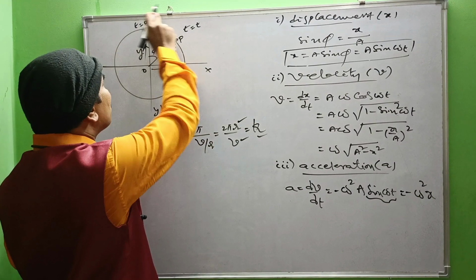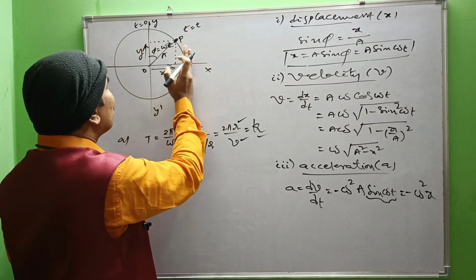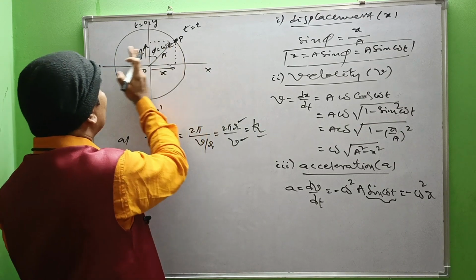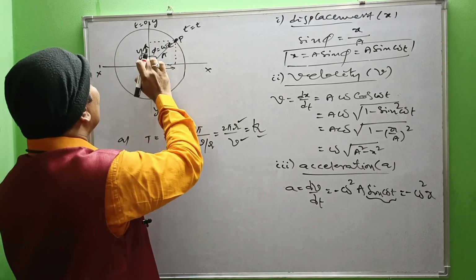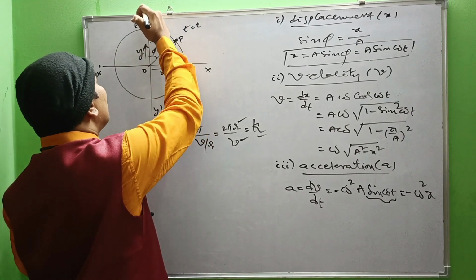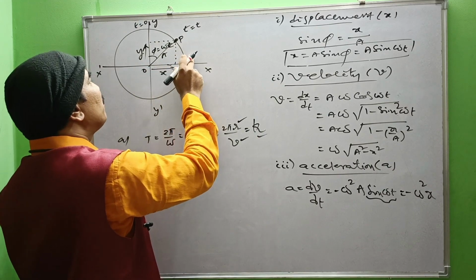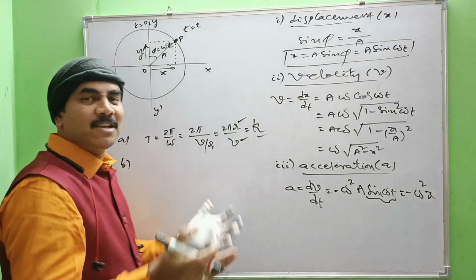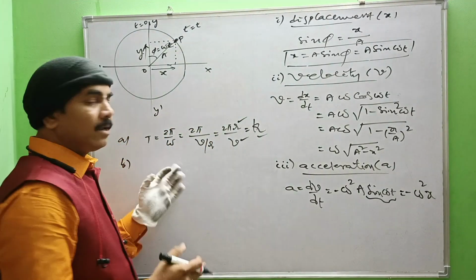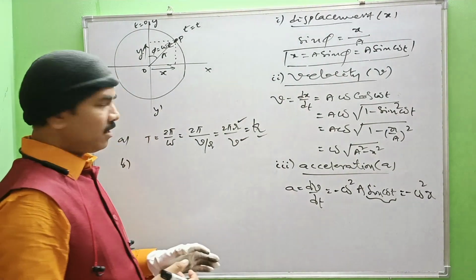Within one revolution of the particle, the x projection completes one oscillation about the mean position, to and fro. In the same way, the projection on the y axis also completes one oscillation on either side of the center, in the time in which the particle completes one revolution. That's why the time period is constant for both the x projection and y projection.